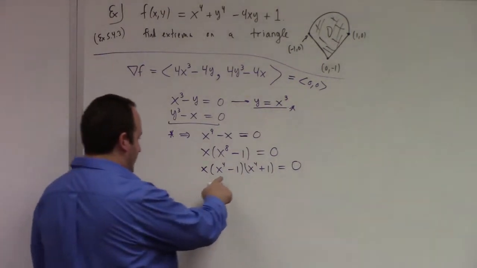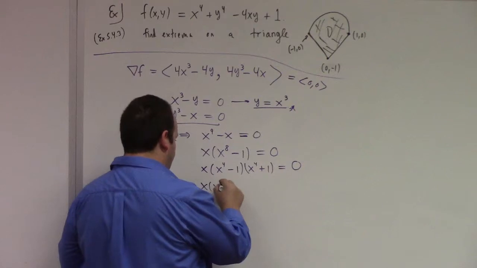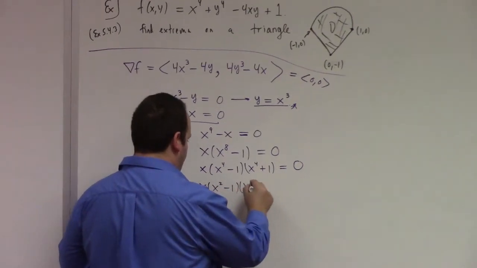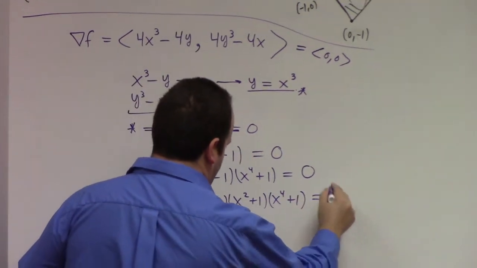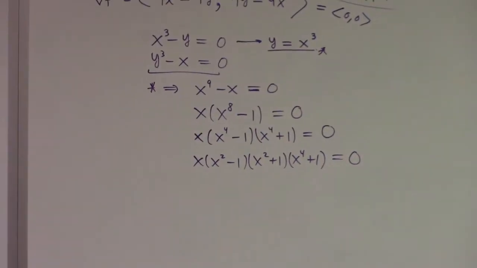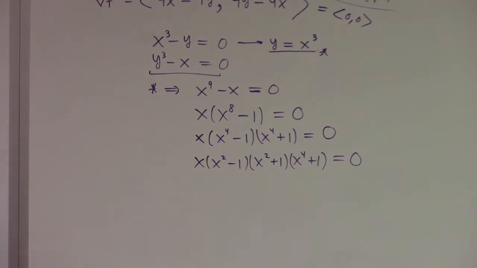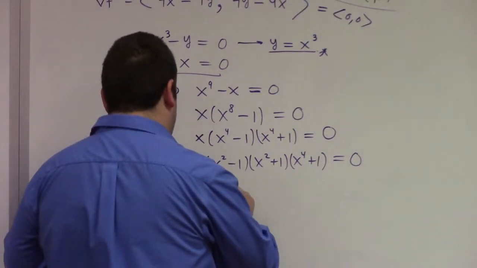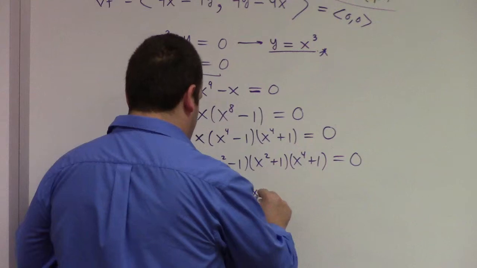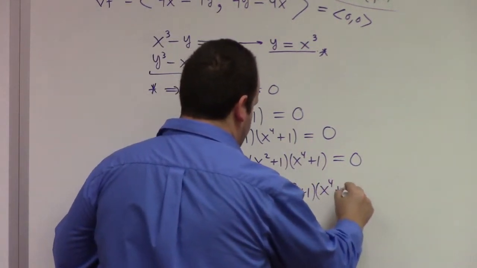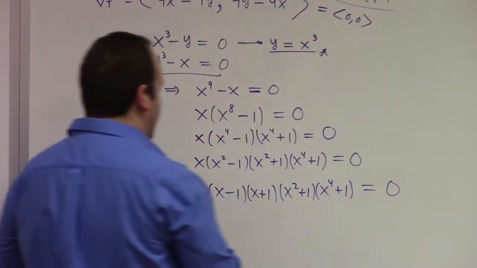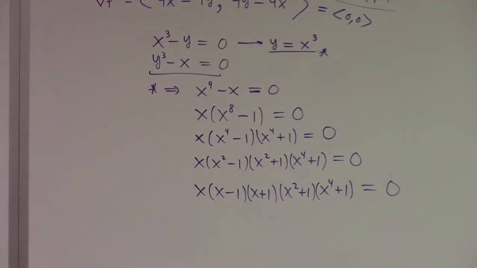Oh, but this can break down further. Now, I'm just writing the last two factors for effect, but you could safely omit the x squared plus 1 term and the x to the 4th plus 1 term once we found them, because you don't get solutions from them, right?